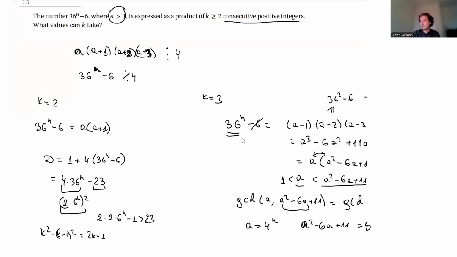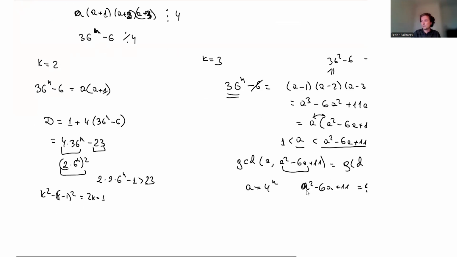And this is impossible again, because we just could put this a here and get that 4 to the power 2n minus 6 times 4 to the power n plus 11 should be equal to 9 to the power n.